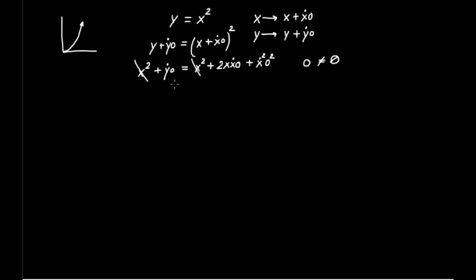And if it's never equal to 0, that means I can divide both sides by O. So I have that right there, and I'm going to divide the rest of this stuff by O. And what I get as a result is y dot equals 2x x dot, then I have that last term there, which is plus x dot squared O.